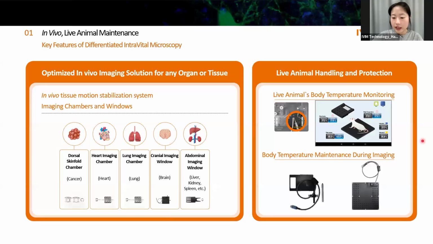At the same time, integrated systems that maintain body temperature and support optimal physiological conditions ensure that the data obtained are truly representative of in vivo biology, allowing for high quality, reliable imaging across a wide range of applications.